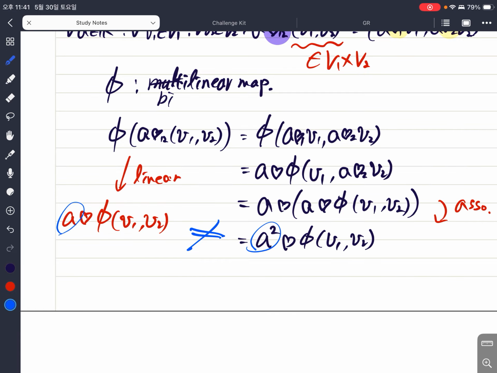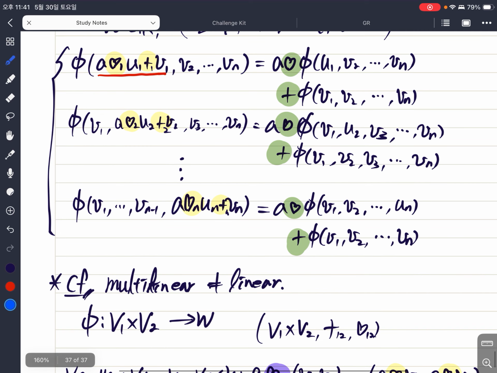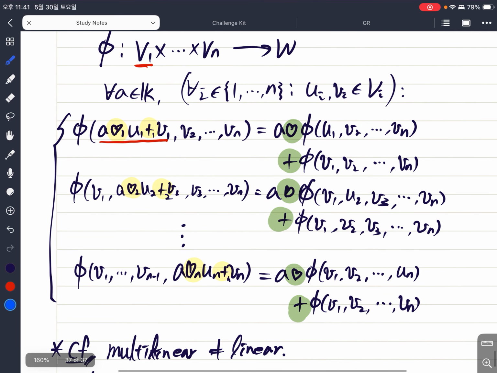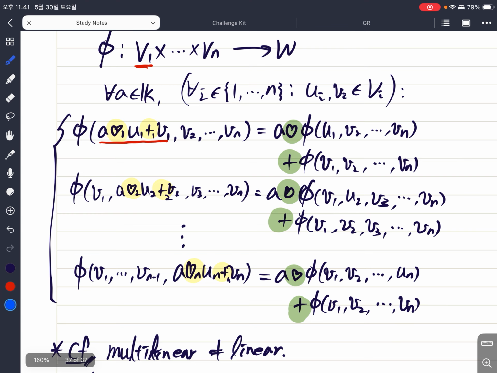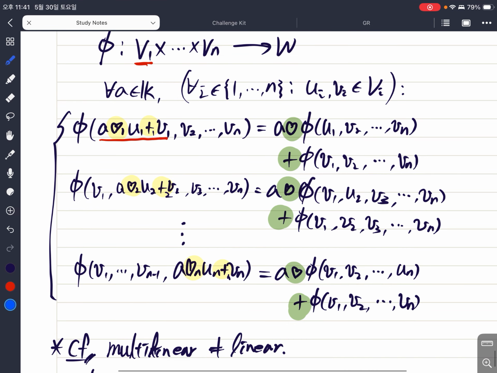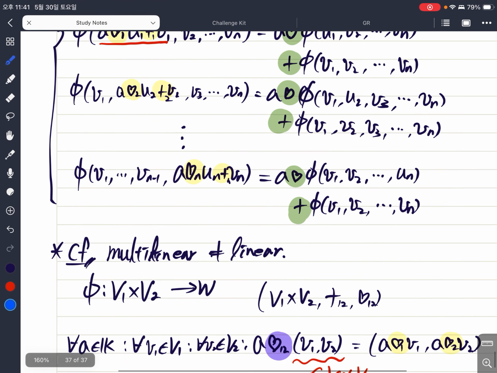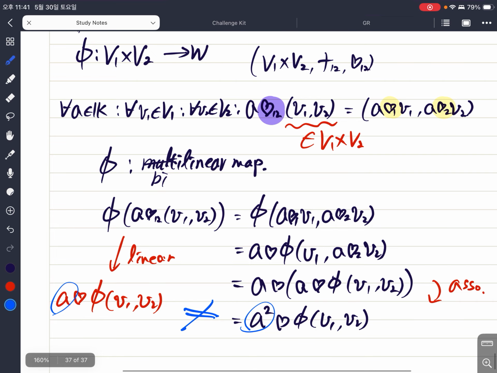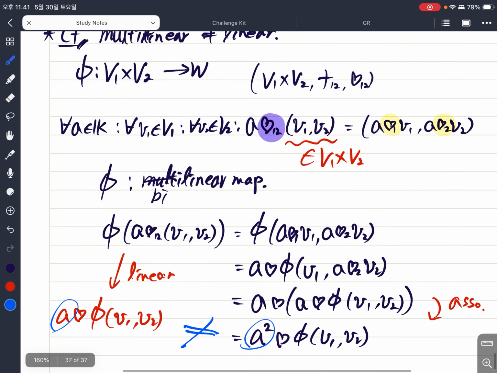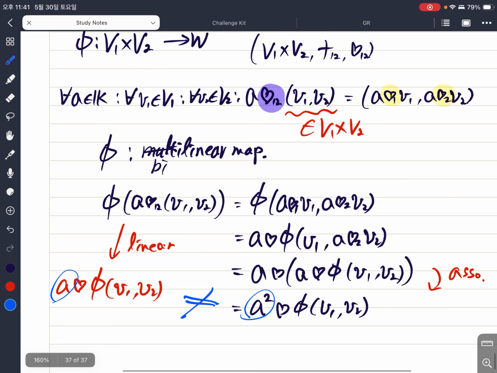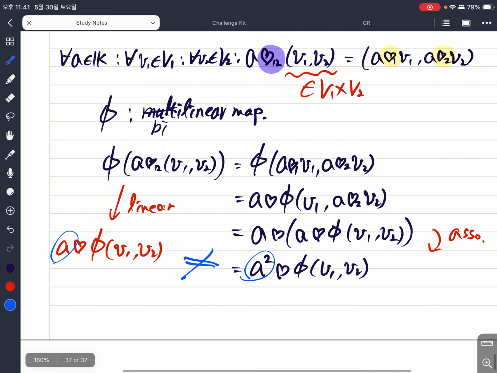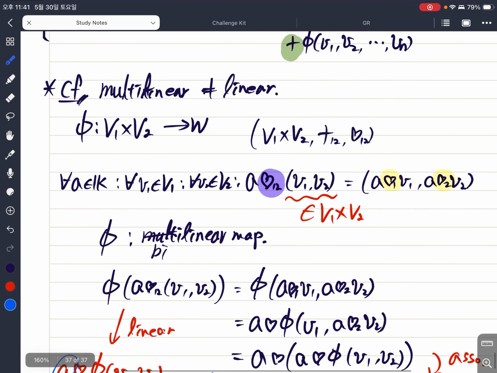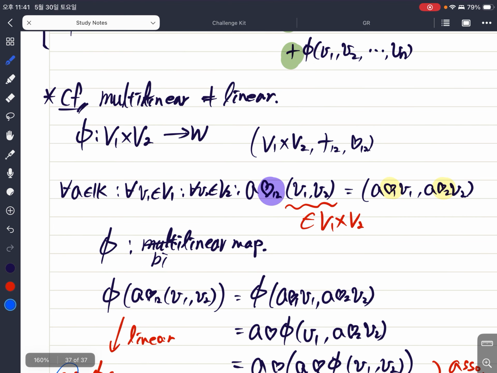The reason is that in multilinear, each slot's multiplication and addition becomes the target space operation, but in linear, the full operation in the domain becomes the full operation in the target space. That makes the difference. So I think it's good to know that they are different.